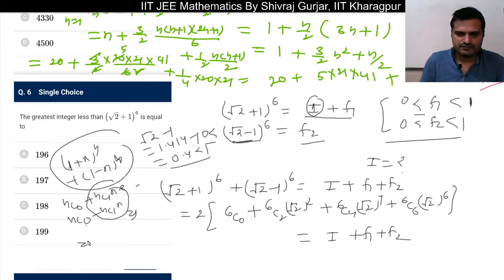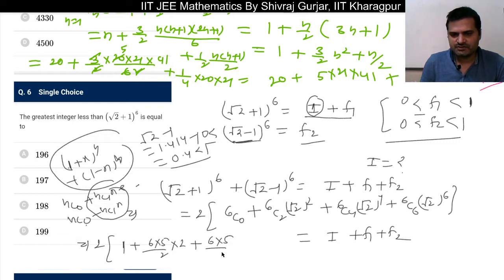Now that is 2 times [6C0 is 1 plus 6C2, 6 into 5 by 2, root 2 squared is 2, plus 6C4, which is nothing but 6C2 again. Root 2 raised to 4 is 2 squared, that is 4, plus 6C6 is 1. Root 2 raised to 6 means 2 cubed, so that is 8].